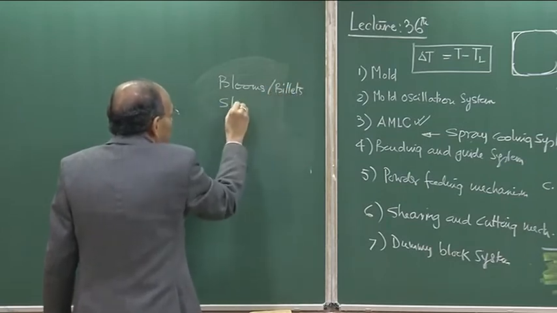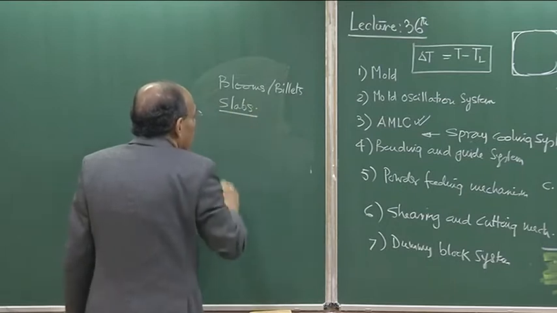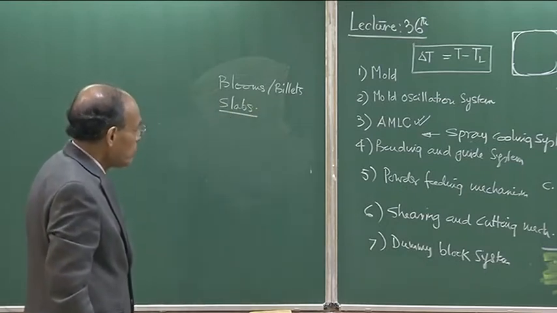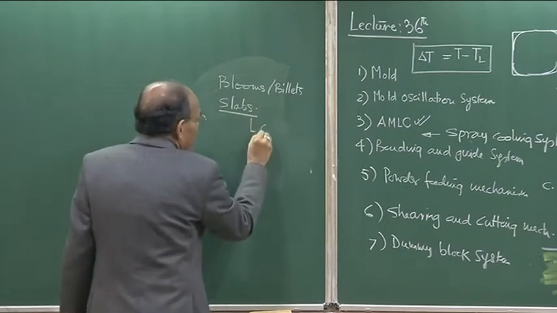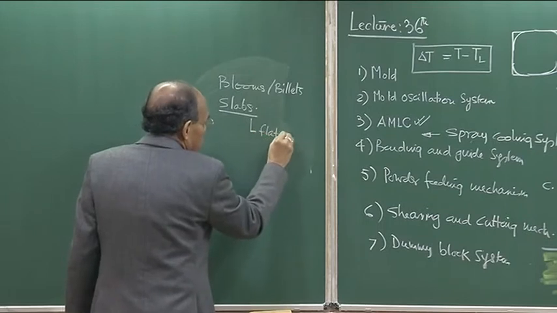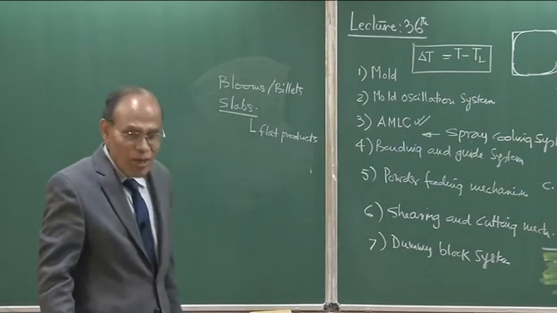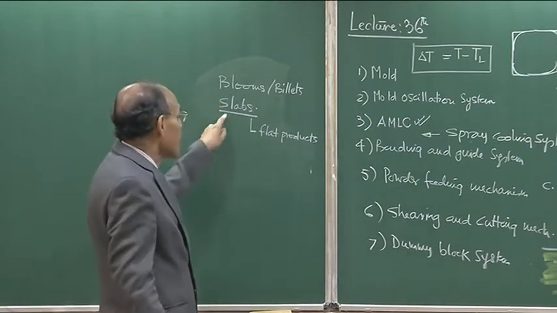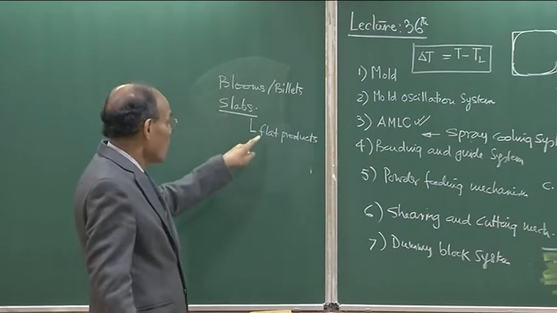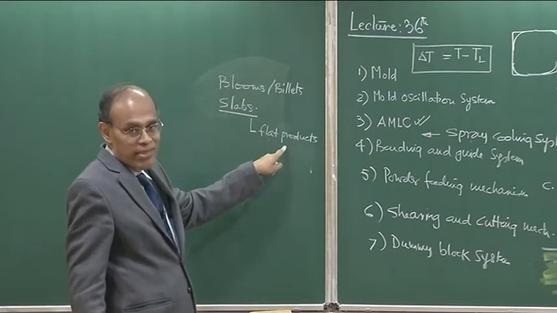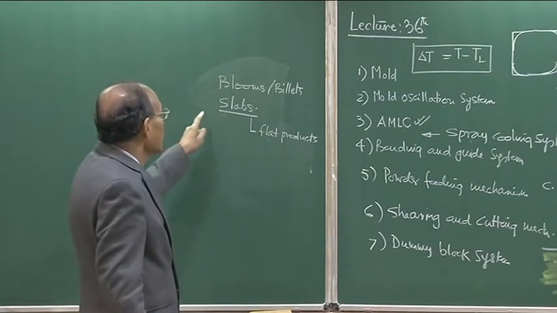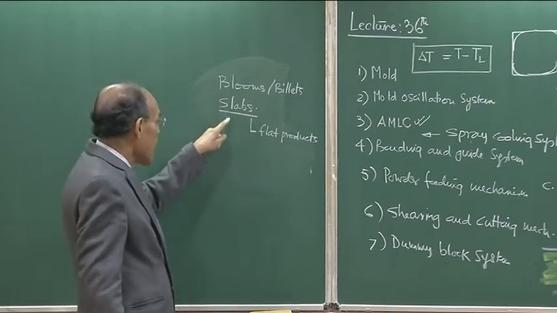Blooms and slabs are very frequent, and these have the same geometry, as I said, while billets are small. Slabs are basically flat products. When you have to make the auto body of a fridge, you will obviously buy products from an integrated steel plant, which is basically a flat product unit. Integrated mills mostly produce slabs.